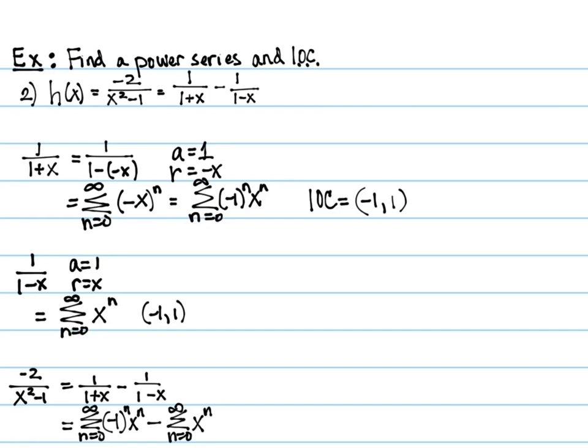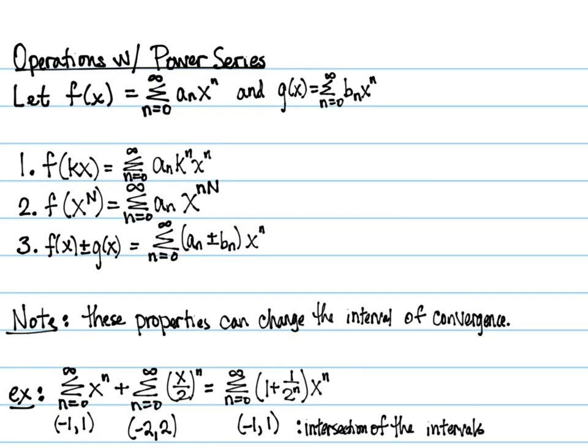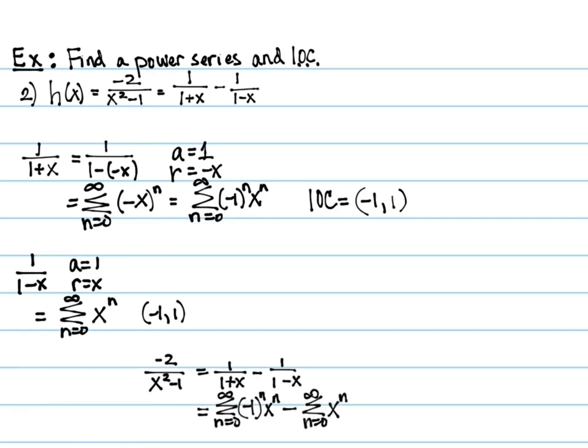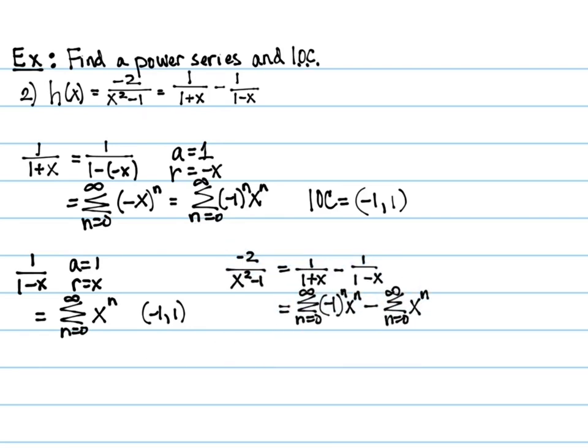According to the third property that was listed on this slide, I should be able to combine both of those coefficients and multiply it by x to the n afterwards. So if I do that, I have the summation from n equals 0 to infinity of negative 1 to the n minus 1 times x to the n.